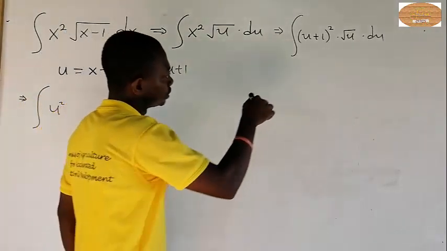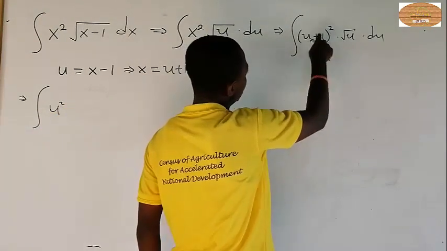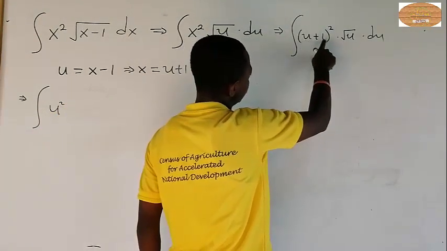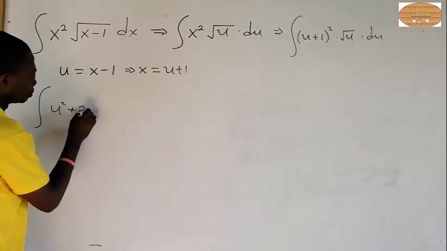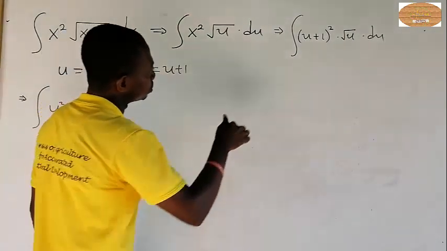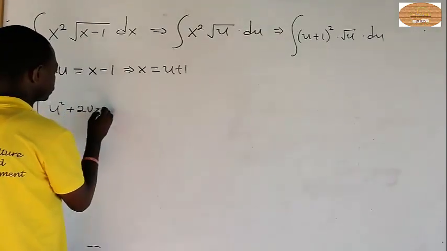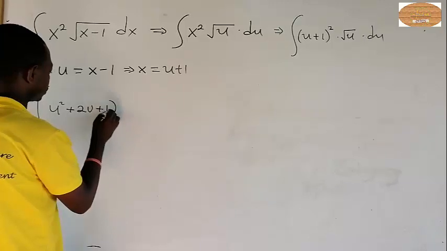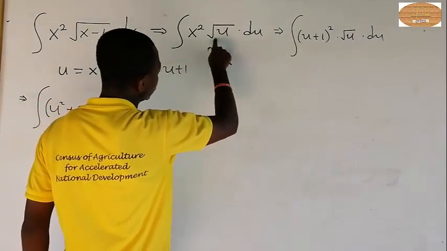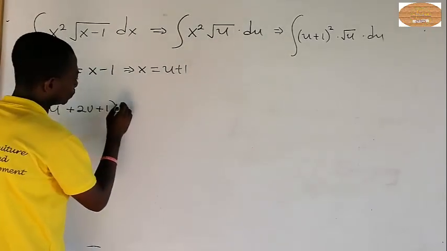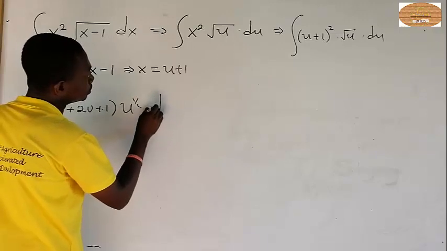After that, I'll multiply 2 by u and 1, so 2 times u times 1 is 2u. After that, I'll square the last term, 1 squared is 1. So u squared plus 2u plus 1, all times the square root of u, which is the same as u to the power half, times du.